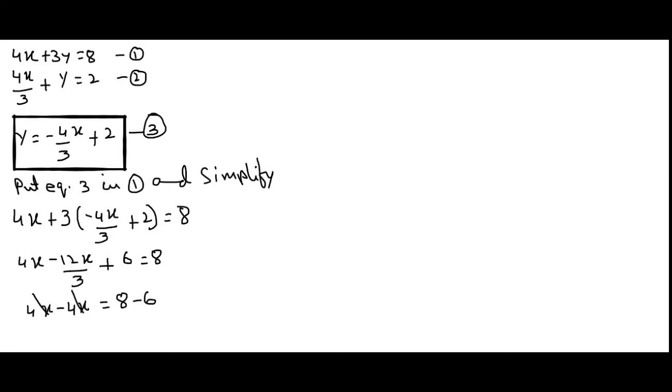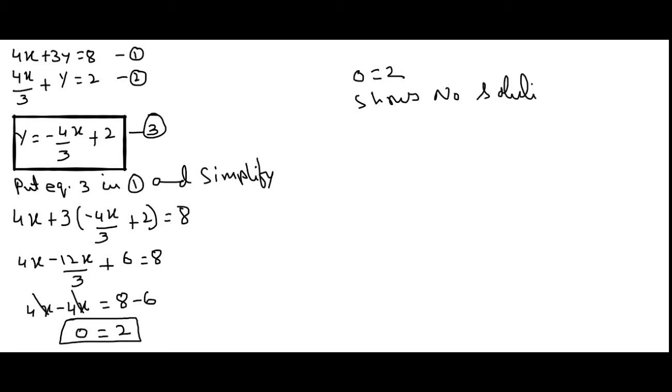This term is cancelled and this term is cancelled. 0 is equal to 2. Now 0 is equal to 2 shows no solution, as the case 0 is equal to k. This is the answer for this question.